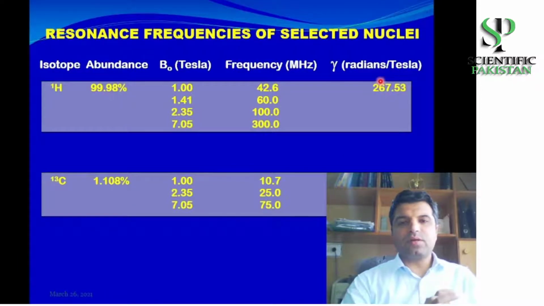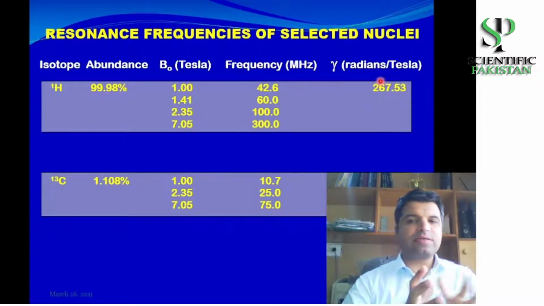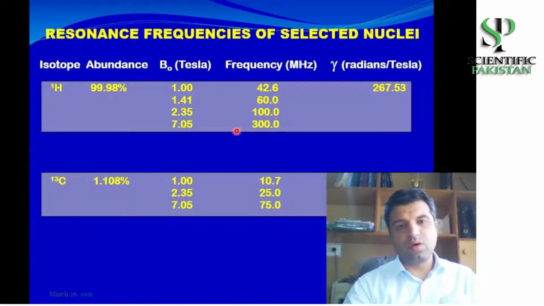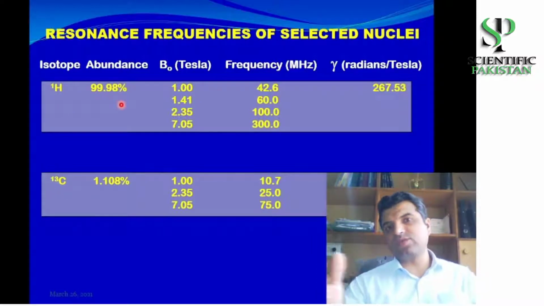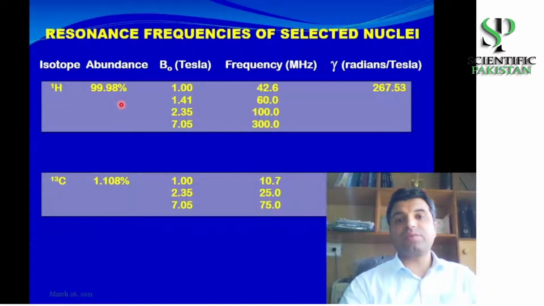Here is a table that shows the similarities and the differences between proton and carbon-13 under the influence of a magnetic field, or in NMR. So we have proton and carbon-13 here. The natural abundance, as I told you earlier, of proton is about 99.9%, and that of carbon-13 is only 1%.